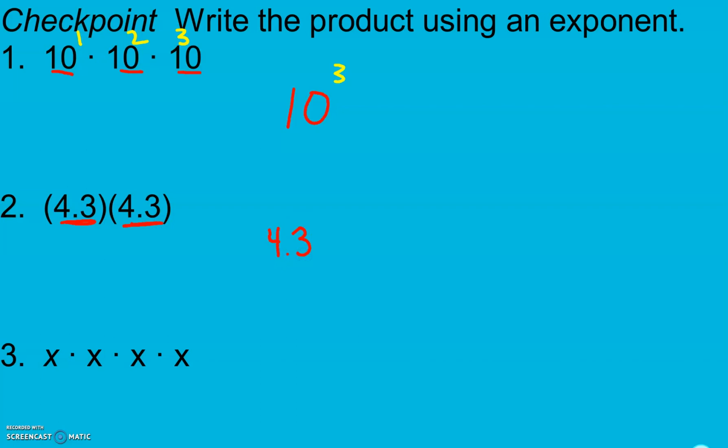My exponent is how many times it's being multiplied, which here is 2. So here we can say 4.3 to the 2nd power, or 4.3 squared. Try 3. Here my base, every time, is the same thing. It just happens to be x. And the number of times that base is being multiplied, that factor, is 4. So my exponent becomes a 4.